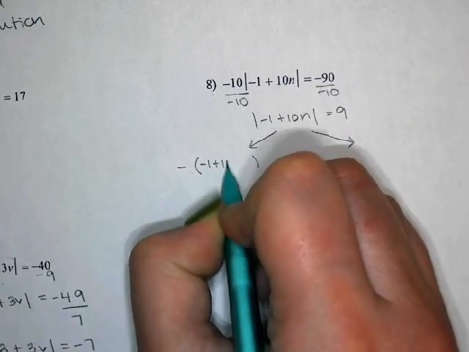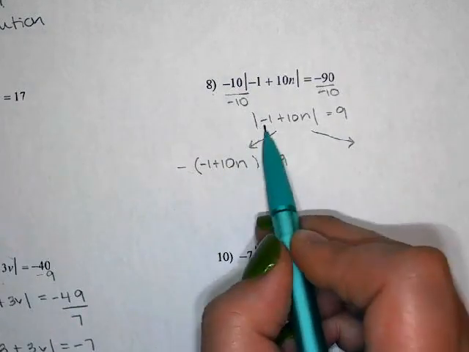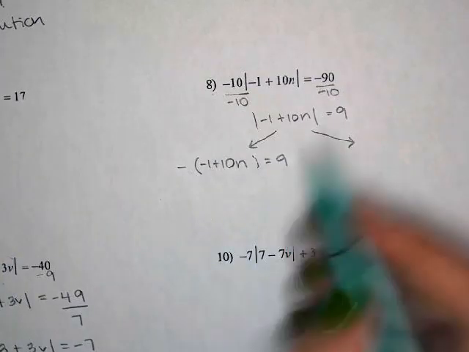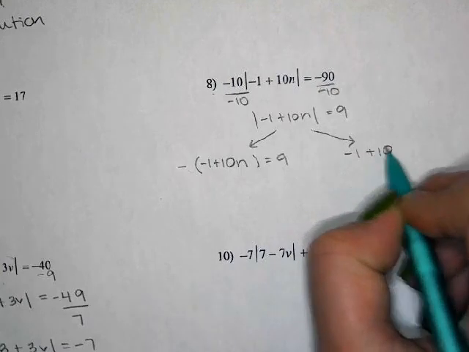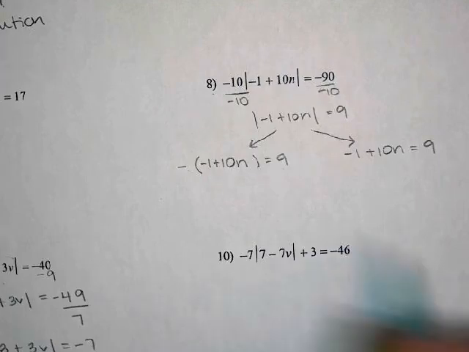Okay, so the negative version of the inside could be a distance of 9, or the regular version of the inside could be a distance of 9. So the negative version of the inside or the regular version of the inside.